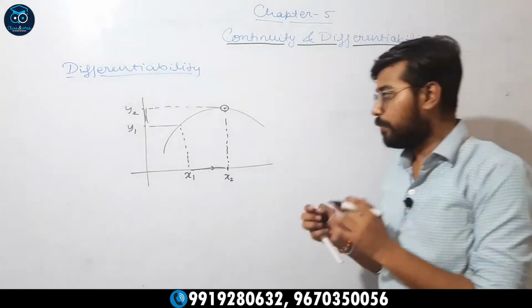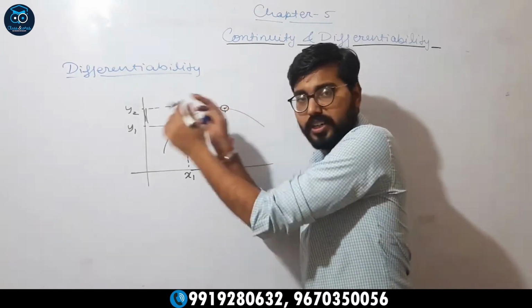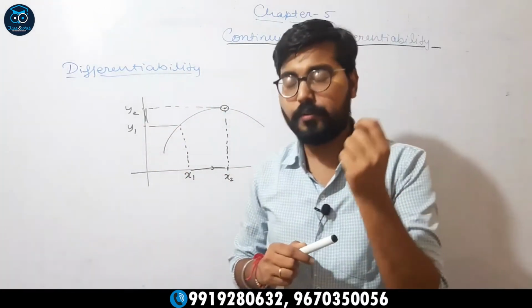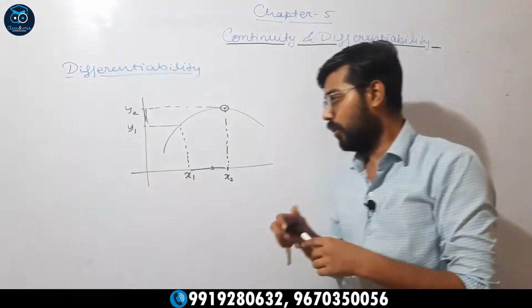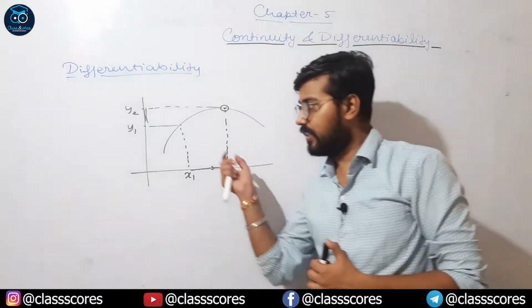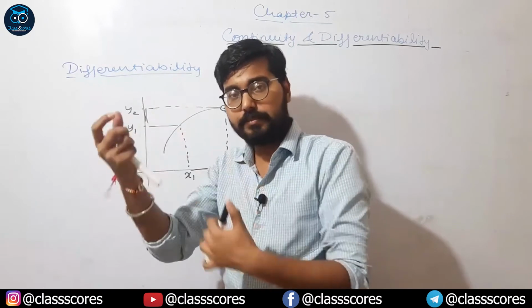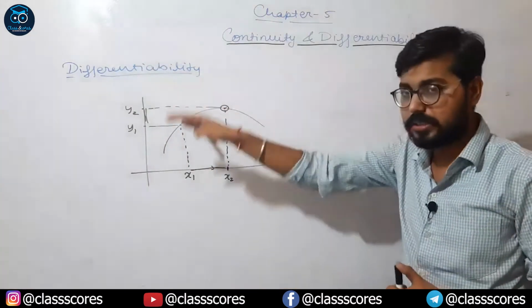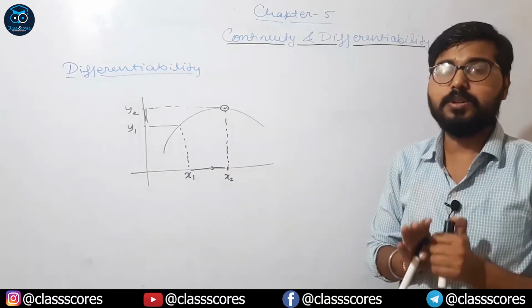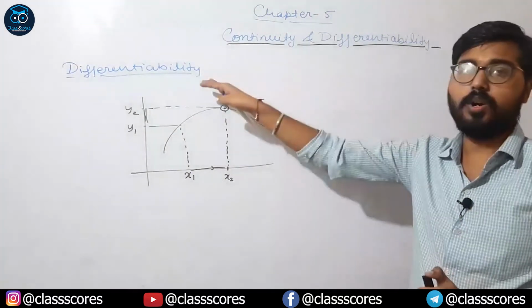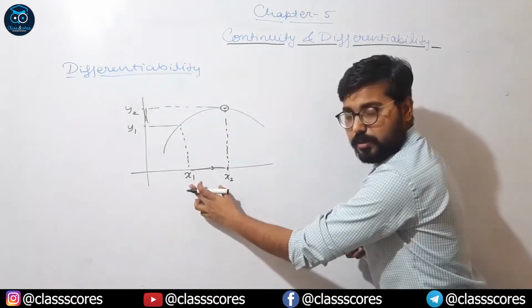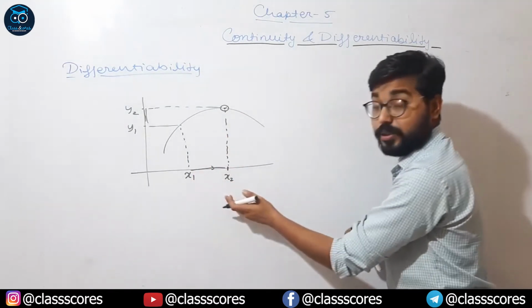So basically the calculation for these types of problems, where we put some slight change on one variable and there is already some change occurring in another variable, this ratio is basically known as differentiation or differentiability. We had changes in x from x1 to x2.